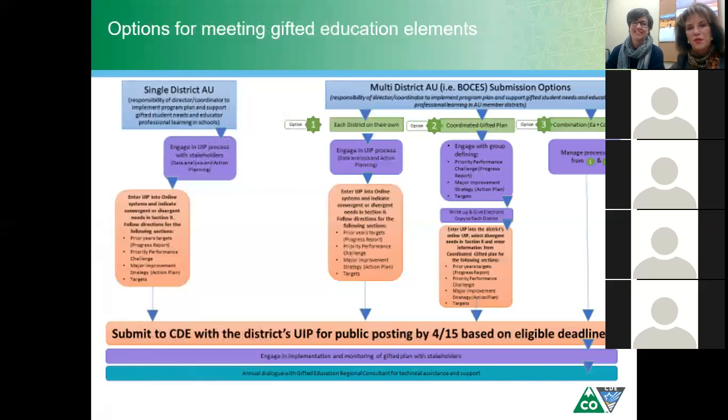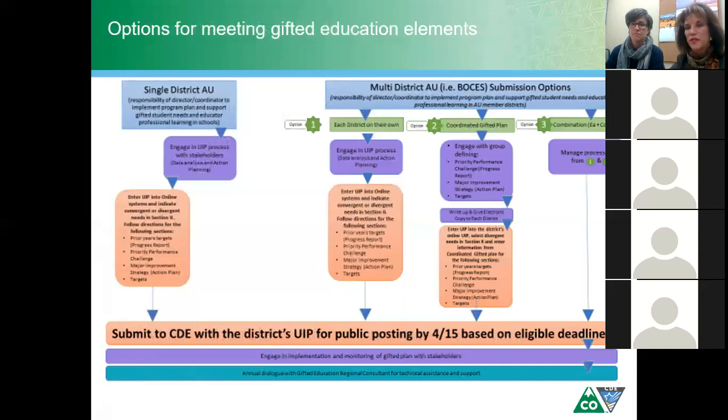The third option for multi-district AUs and BOCES is a combination of options 1 and 2. That means I am a BOCES of, say, 12 member districts. I have 8 that want to use option 1: we're going to do the UIP on our own.